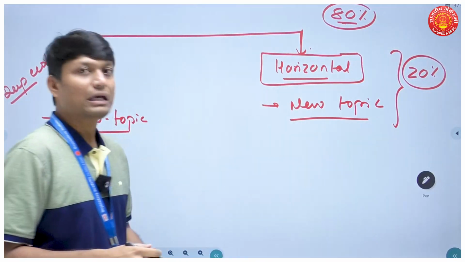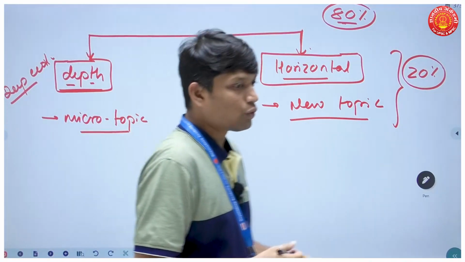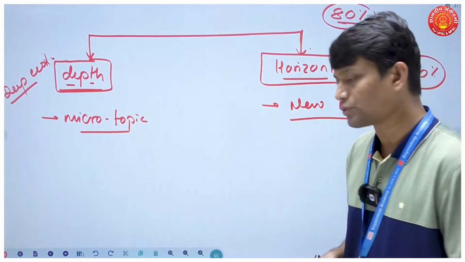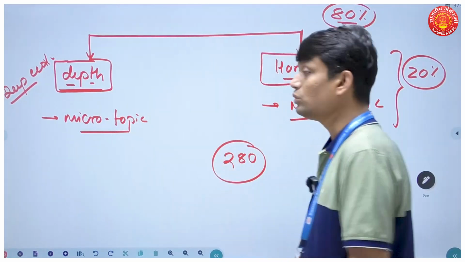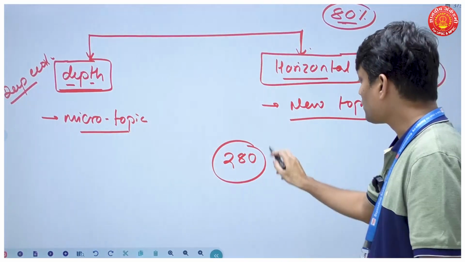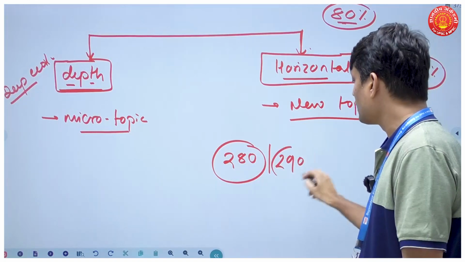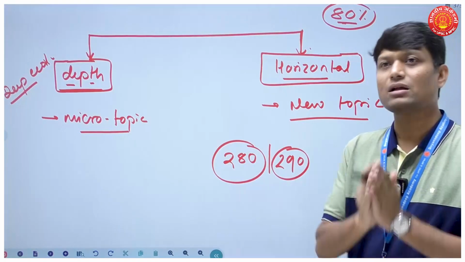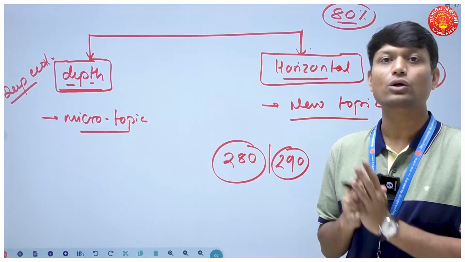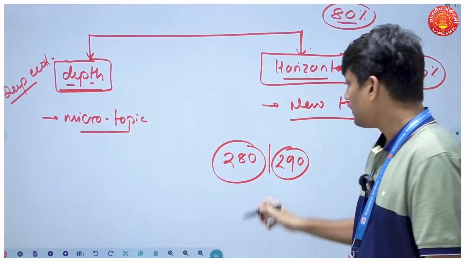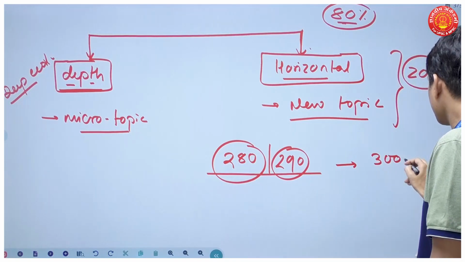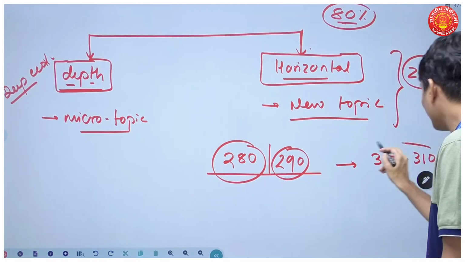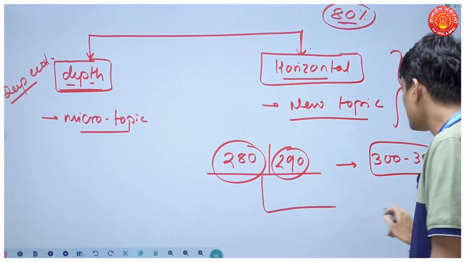If you look at the current marks scored in most of the optionals, they are scoring somewhere around 280. Sometimes some optionals will be best scoring at 290. So most of the optionals are at best scoring 280 or 290. Now, when I have to go to the range of 300 or 310, I will have to do something additional.